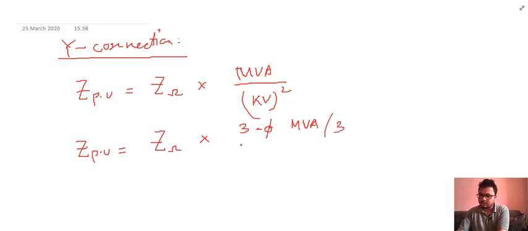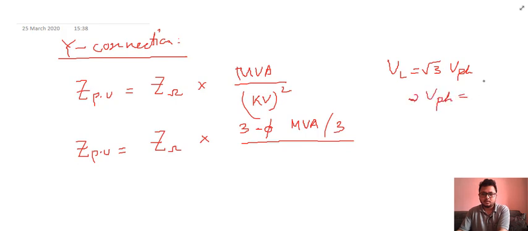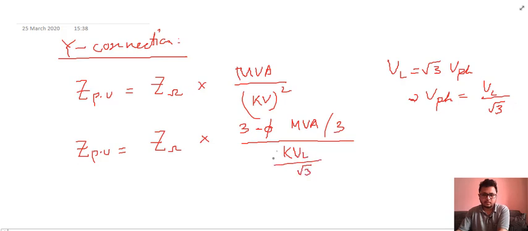As we have a three phase connection and it is a star connection, you know line voltage equal to root 3 times phase voltage, and we always calculate at phase. That means V phase equal to V line divided by root 3. So here kV line divided by root 3 whole square.